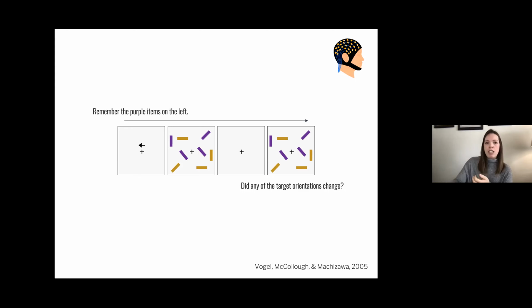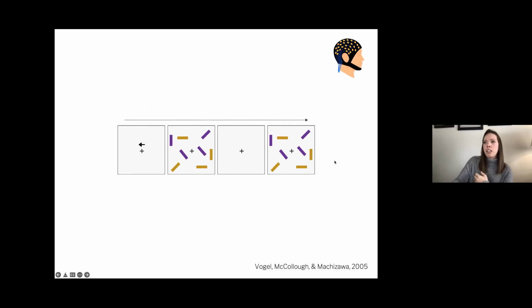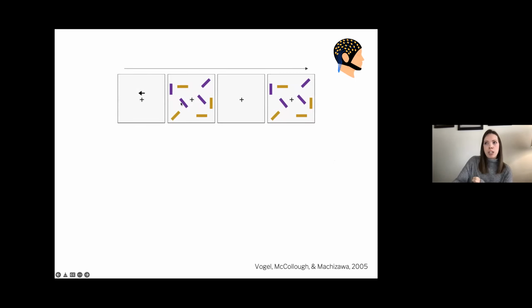And they measured the CDA across 3 different conditions in this experiment. So in the first, they presented 2 targets here alongside 2 concurrent distractors. In the second, they presented 2 targets in isolation. And in the third, they presented 4 targets with no concurrent distractors.